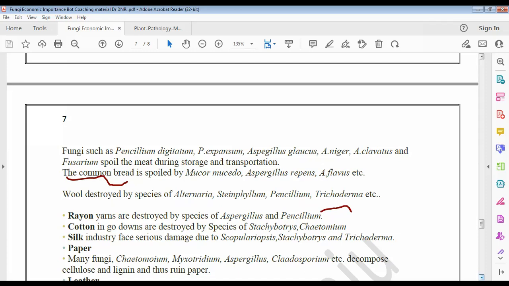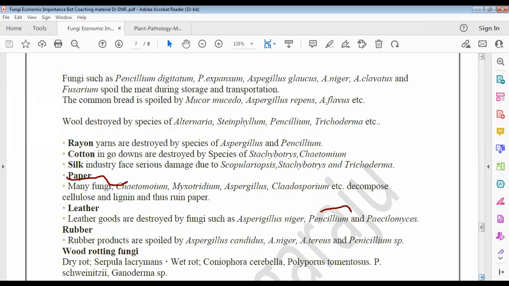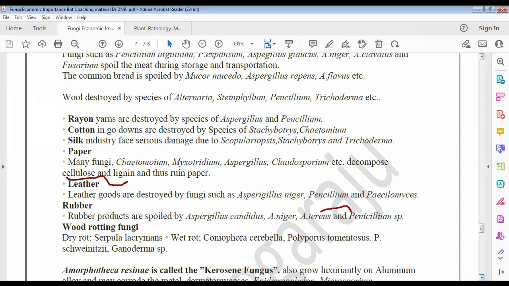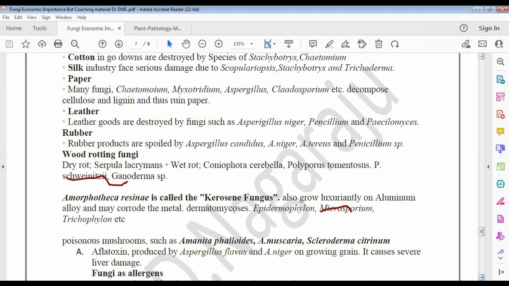Otherwise, they spoil the products. Even cotton, rayon, silk, paper get spoiled with fungi. Leather, already told, even rubber gets spoiled. It loses elasticity. And so many wood rotting fungi are there, polyporous fungi.